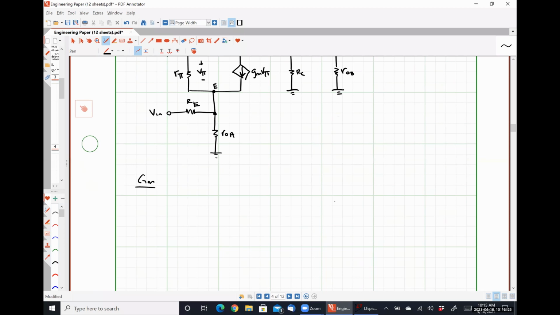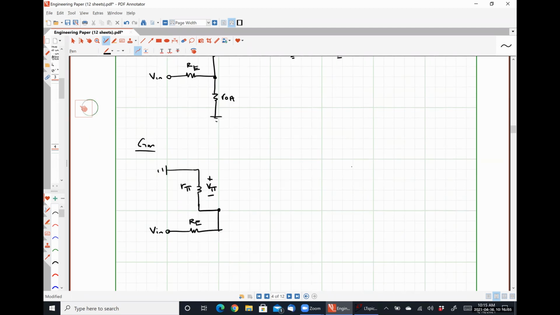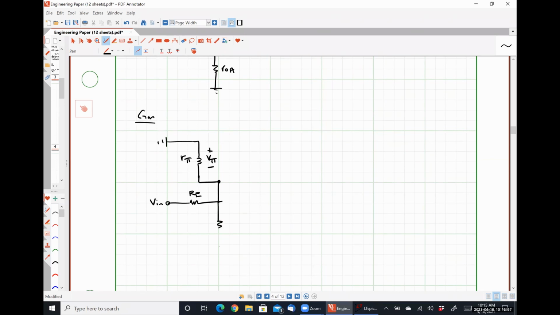All right. So I have my base, which is grounded. Here is resistor R pi. Here is voltage V pi. Here is resistor RE, which I'm going to have to carry through. Here is resistance R0A.